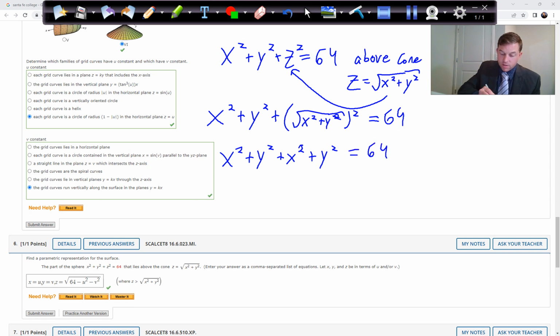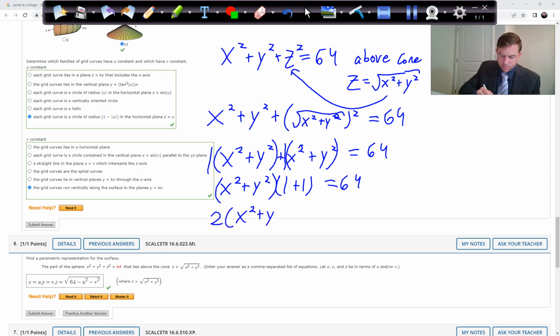In essence, we can factor out x squared plus y squared, and we get 1 plus 1, or 2 times x squared plus y squared equals 64. Therefore, x squared plus y squared equals 32 when we divide both sides by 2.